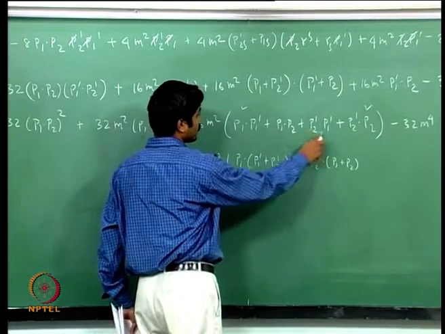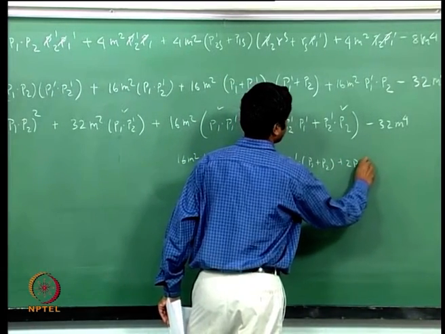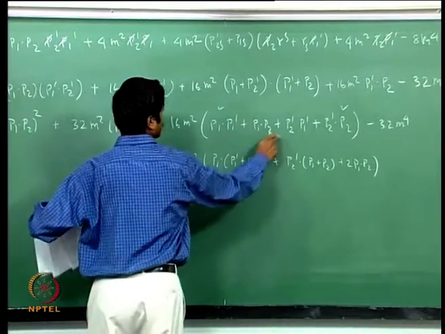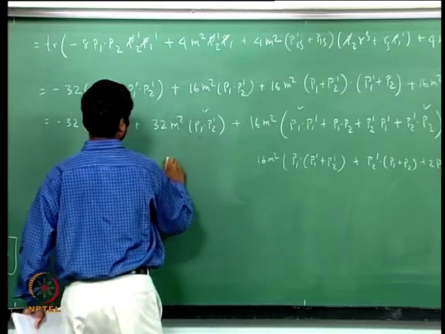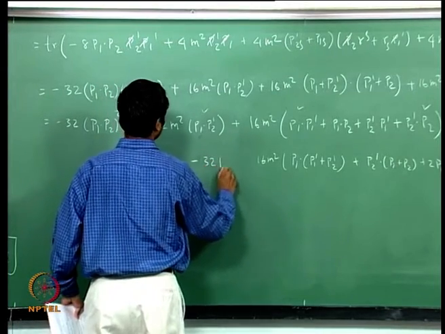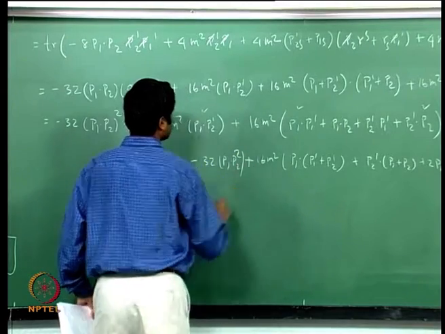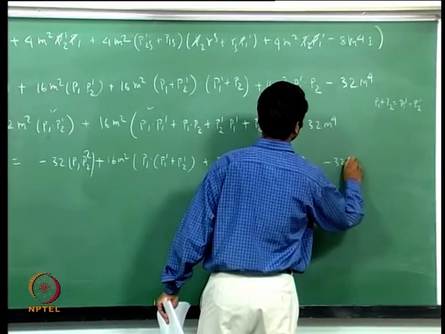So, they are equal. So, this is twice p1 dot p2. That is what I get when I add this term with this term. So, this is equal to minus 32 (p1 dot p2) square plus this, minus 32 m fourth.